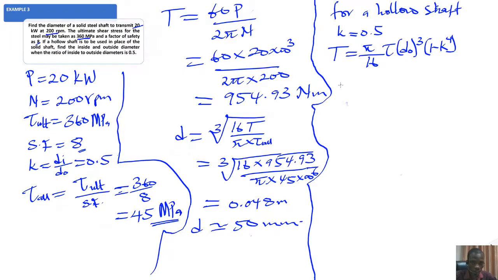We can say that D naught is equal to the cubic root of 16T divided by 1 minus K exponent 4 times pi times tau.